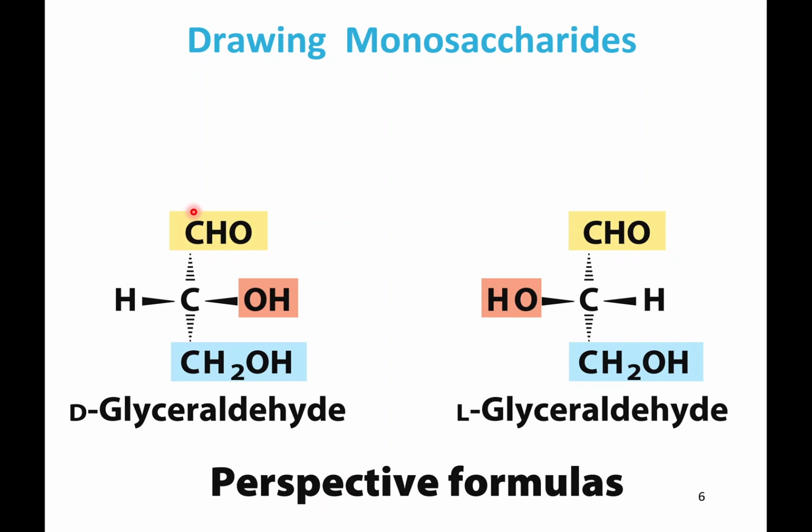If you have more carbons, these bonds would start alternating. So if you had another carbon up here in the sugar, this bond is going out, and the next bond coming off of this carbon would be going into the screen, then coming out of the screen. So the bonds would alternate.